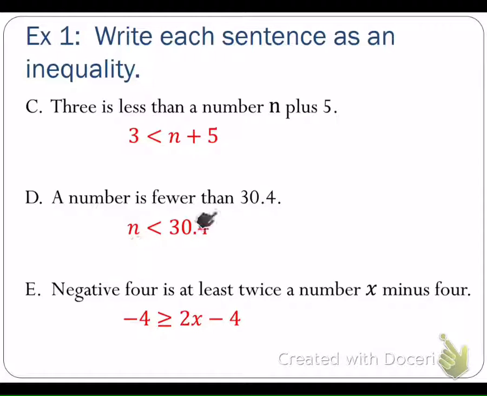So that's where this guy comes from, 30.4. And then E, -4 is at least. Is at least means that it has to be bigger than or equal to. So that's the greater than or equal to symbol. Twice a number means 2x and then minus 4. We good?